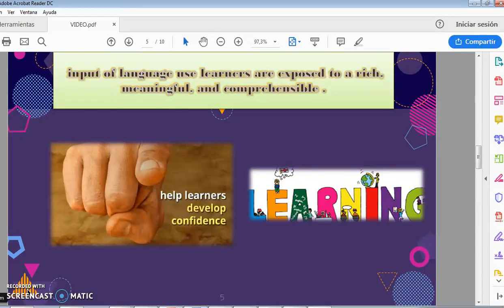Learners need a lot of experience of the language being used in a variety of different ways for a variety of purposes.